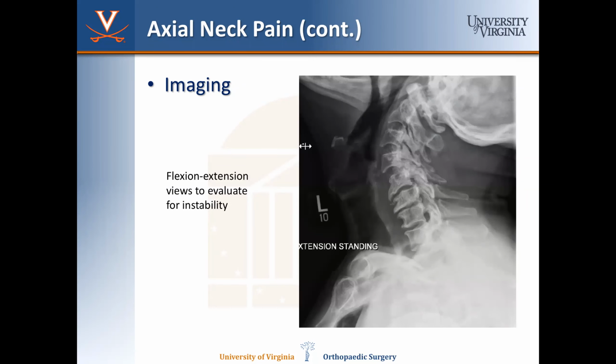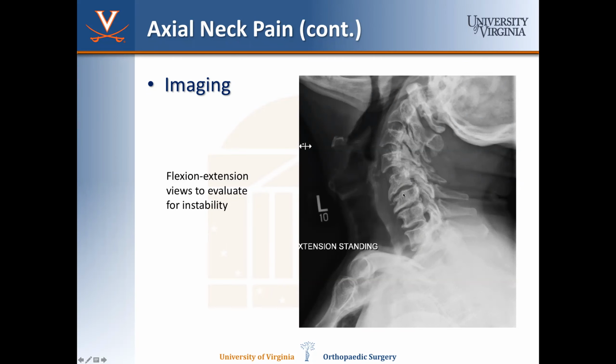Flexion extension views have value to show dynamic instability. I think it's important to note when you're speaking about the spine, spondylolisthesis is translation of one vertebra on the other, either in the coronal or sagittal plane. That does not speak to dynamic instability. You can have a fixed anterior listhesis that doesn't move.